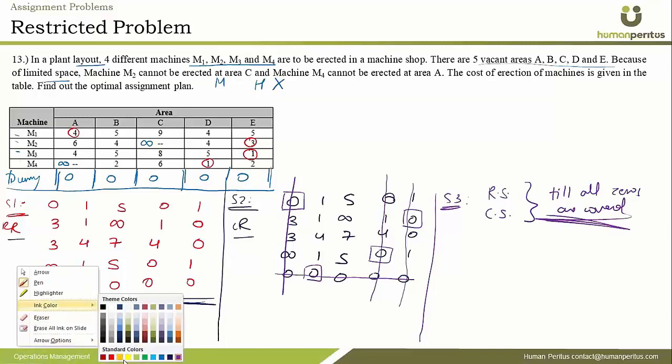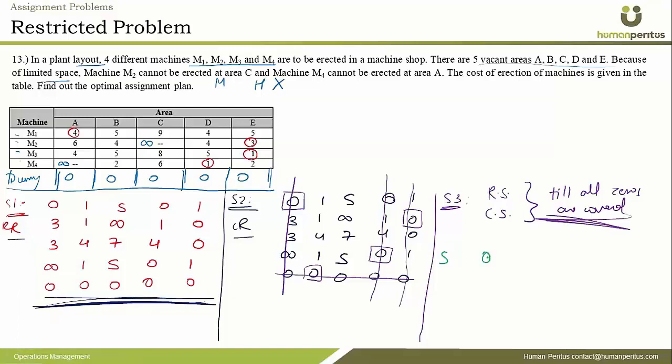Let me move to step 4. In step 4, I have to check the order of the matrix against the number of lines that have been drawn. As you can see, the order of the matrix is 5 and the number of lines that have been drawn is 4. So the optimal solution has not been reached, and I have to move to step 6.